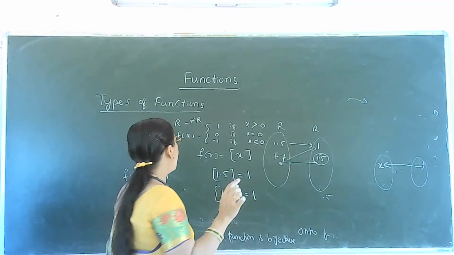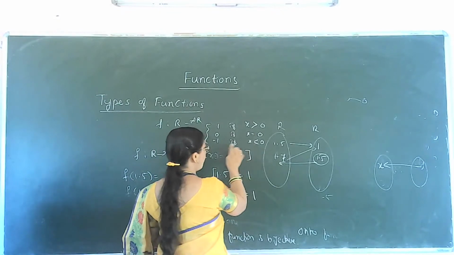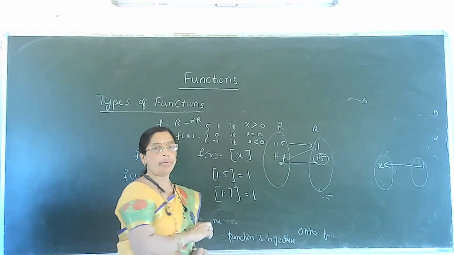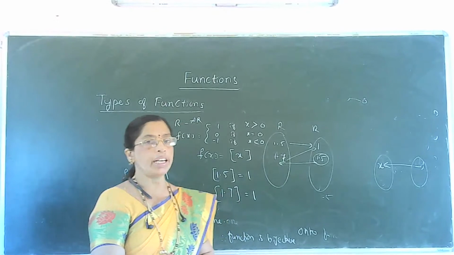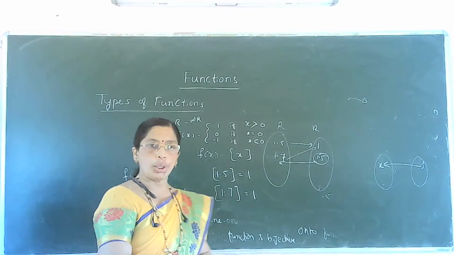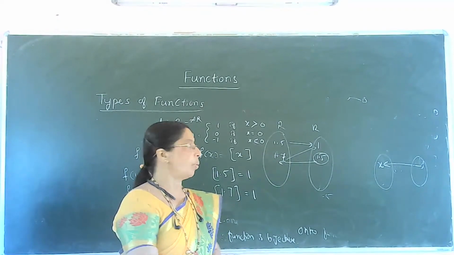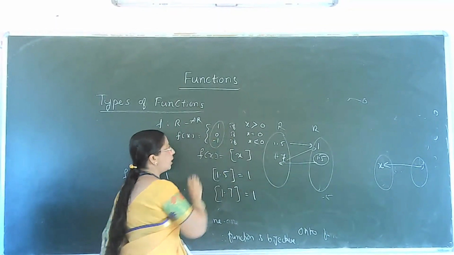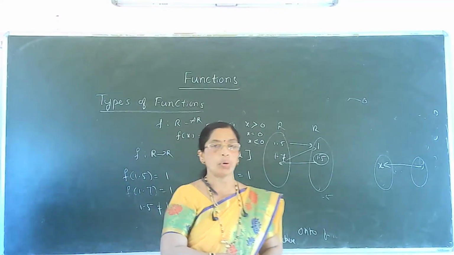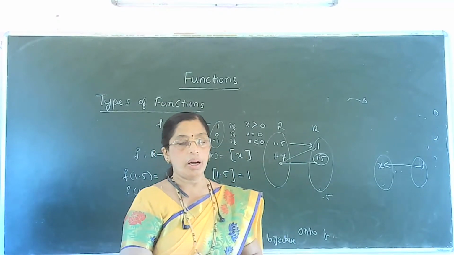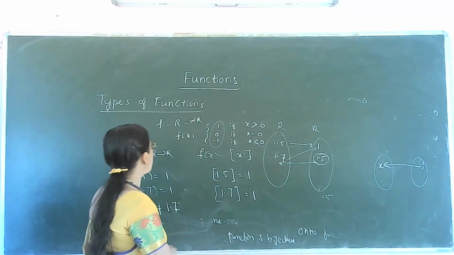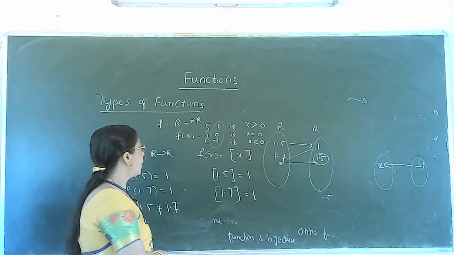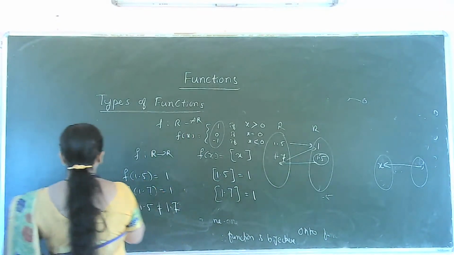All elements less than 0 have the image minus 1. If it is 0, the image is 0. Therefore, only 1, 0 and minus 1 are the images.